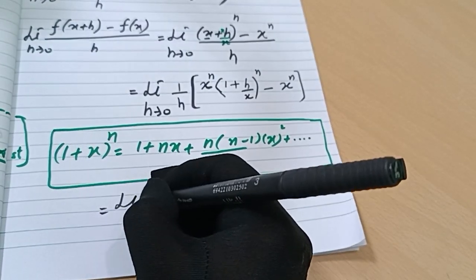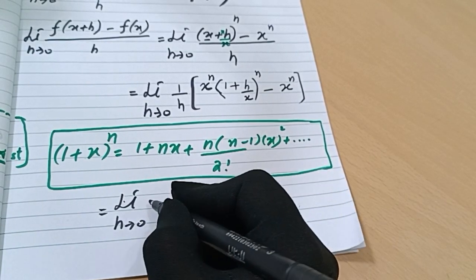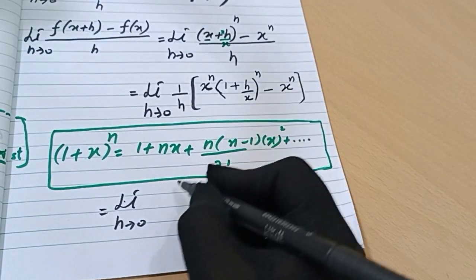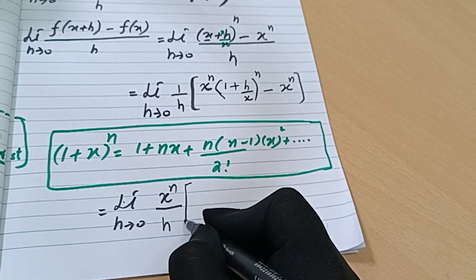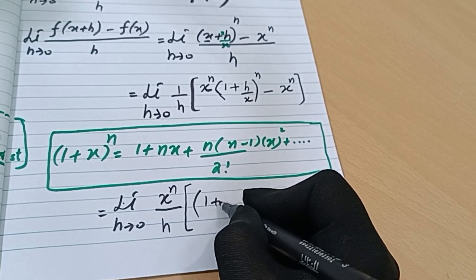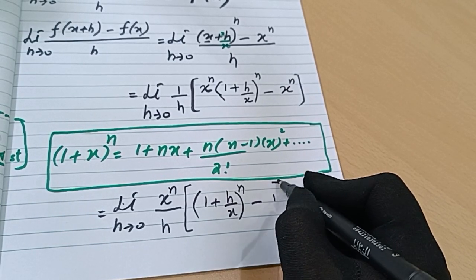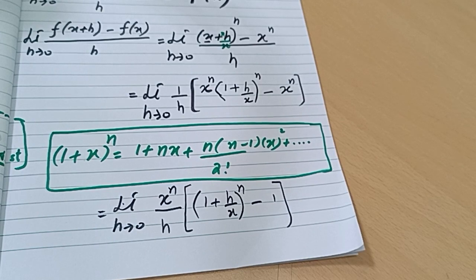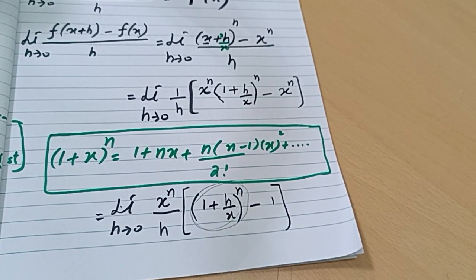Limit h approaches to 0. When I take x power n common, it comes outside over h, and here is left 1 plus h over x whole power n minus 1. Now I can apply this binomial series.